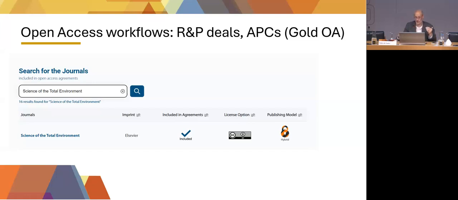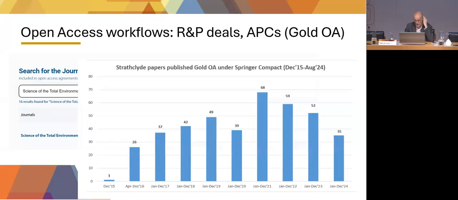And then they send you 5 titles, and you can tell them these ones are covered by the read and publish agreements. These ones would require payment. So you can tell them and recommend them where to publish, which is arguably really useful. An example of the sort of monitoring we do, this is the Springer Compact, running for nearly 10 years already.